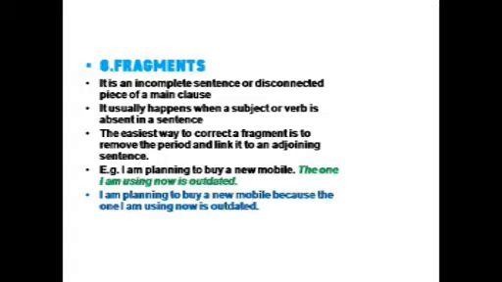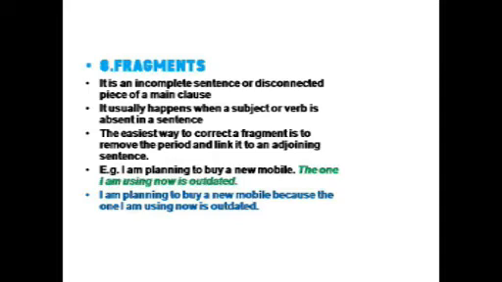Let us see the example given here. I am planning to buy a new mobile. The one I am using now is outdated. Now the second sentence looks grammatically okay, and in spoken language it makes sense, but when you are writing it, it looks incomplete. Again, it depends on the other sentence to make it complete.